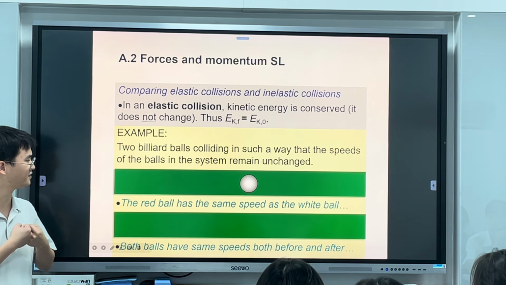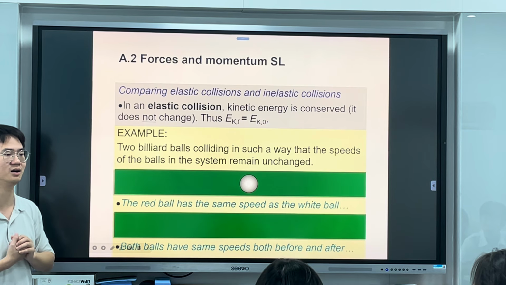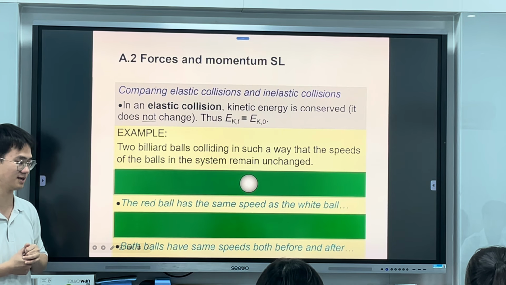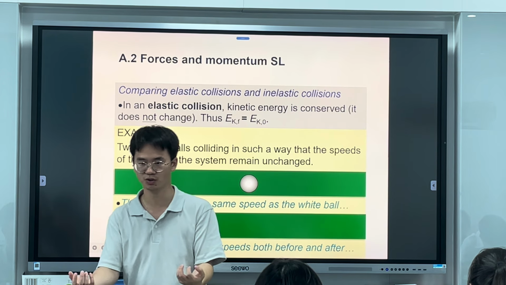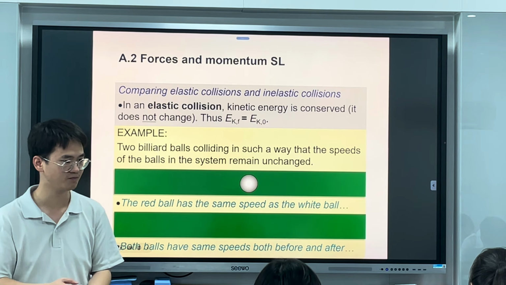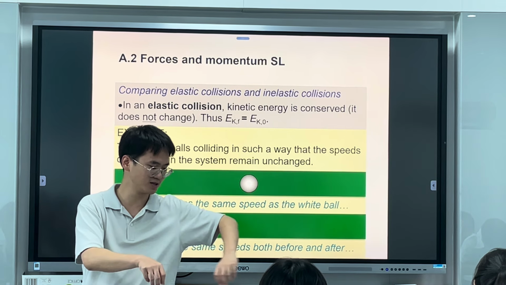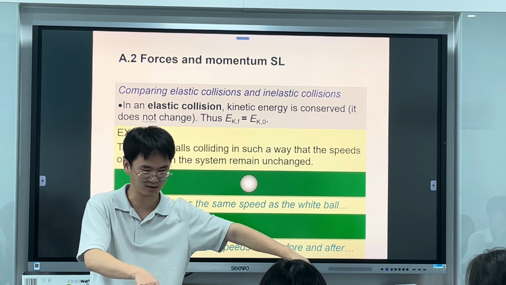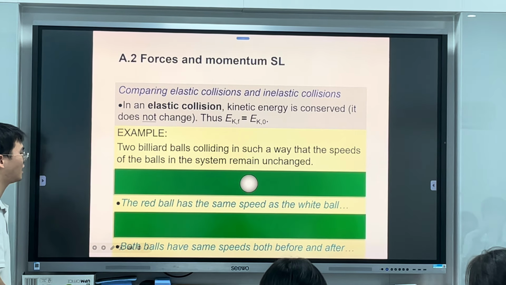The speed itself does not change. So in both of those situations, they are elastic collisions. Do you guys still remember where I demonstrated using two golf balls, one colliding with the other? One moving, another staying at rest, and then when they collide, this moves, this stays at rest, right? That is an example of elastic collision.